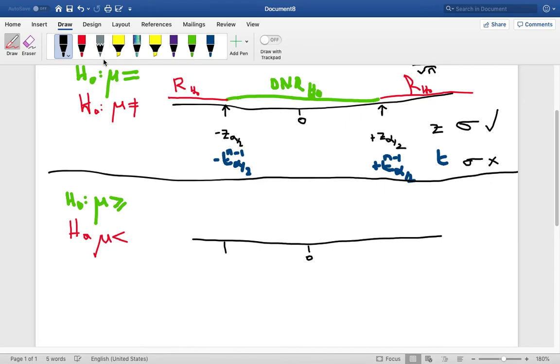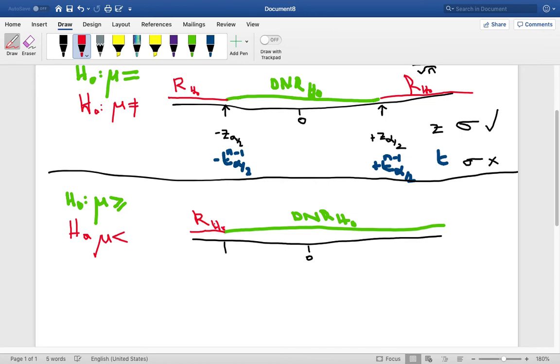And so let's select the do not reject region. Again, just a reminder, we're always doing the tests on H0. Do not reject H0, the null hypothesis. On the other hand, on the left side, it's going to be the reject H0 region.